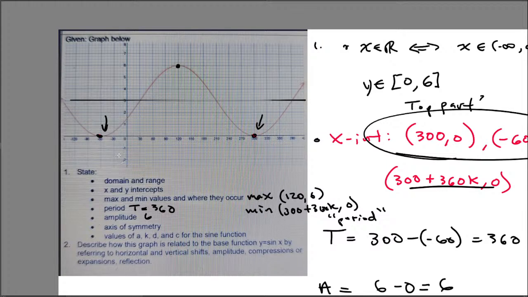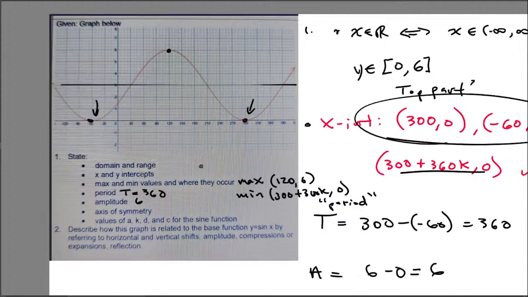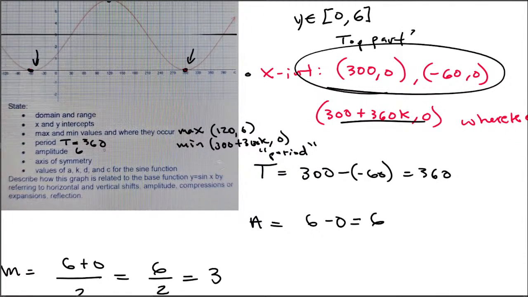And then values of A, K, D, and C. Okay, so I need to ask you what this means, A, K, D, and C. Do you have your base sine formula? Do they give it to you like this, where it would be A times the sine of K x plus D plus C?